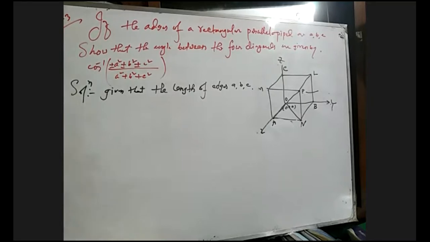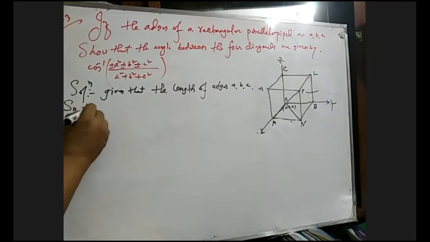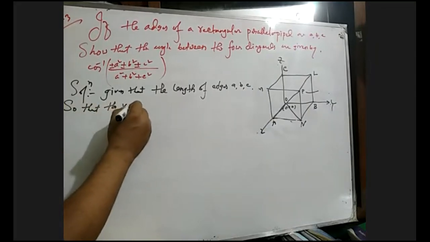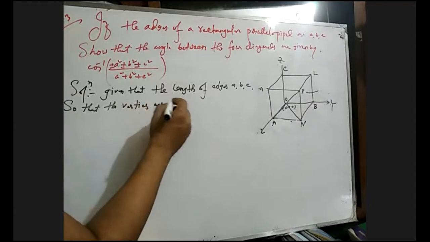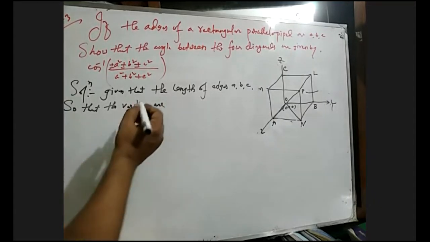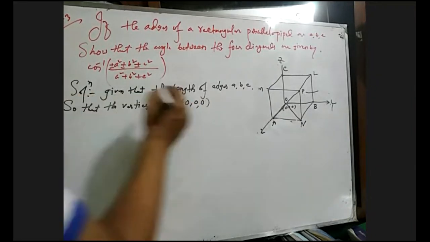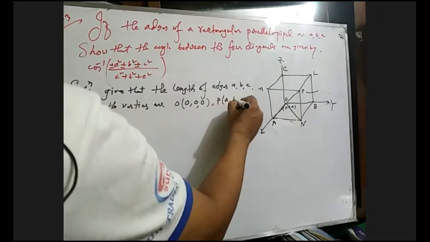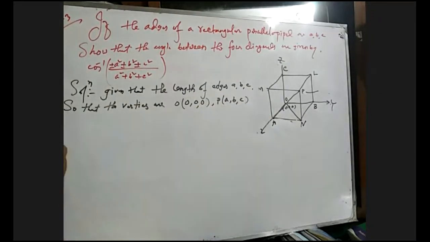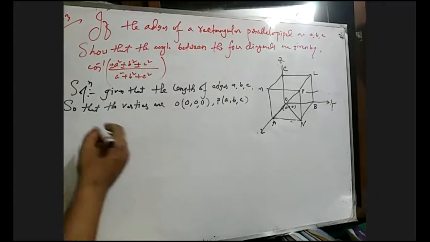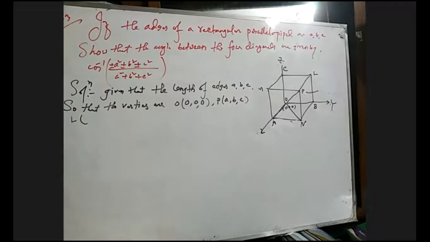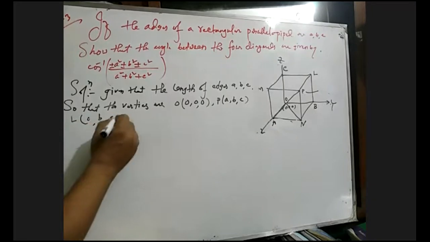So the vertices are: the origin O is 0, 0, 0, and the P point will be a, b, c. This is not a cube, which means all sides are different, that means a, b, c. And the L point will be 0, b, c.